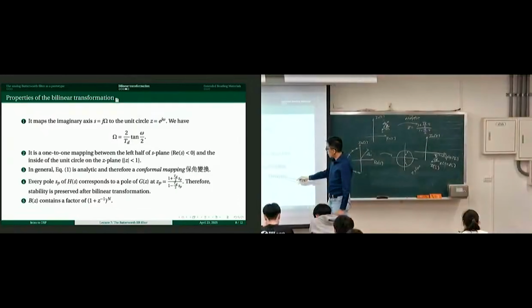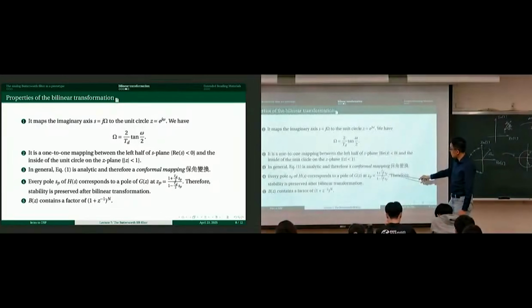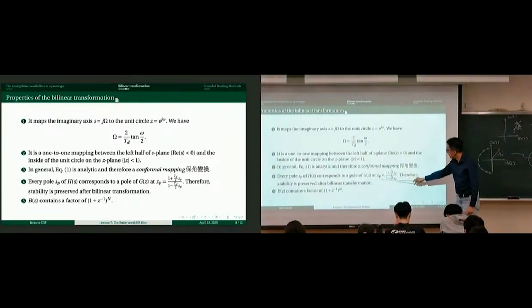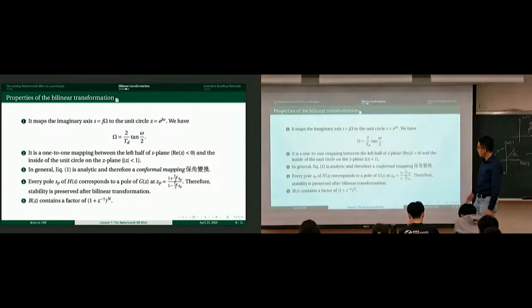Every time we have a singularity in the S plane, after transformation the singularity goes inside the unit circle, given that S is to the left-hand side of the imaginary axis. Therefore, stability is preserved after bilinear transformation. Very strong and important property, useful.